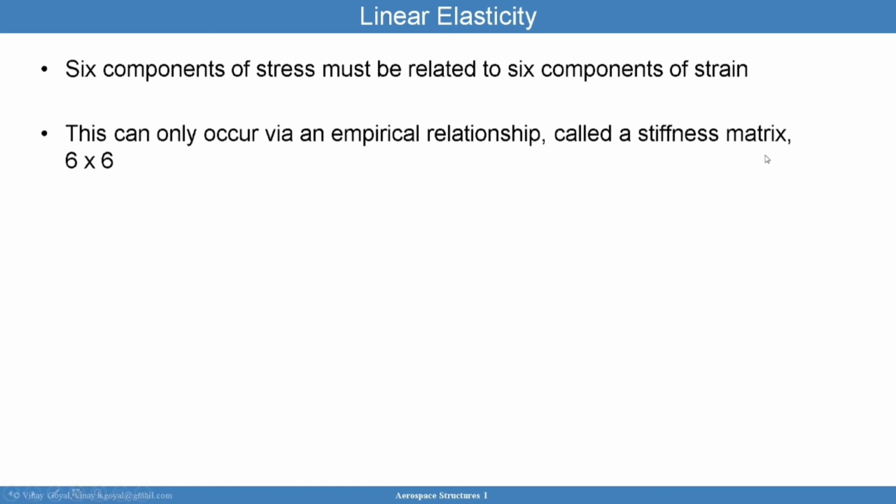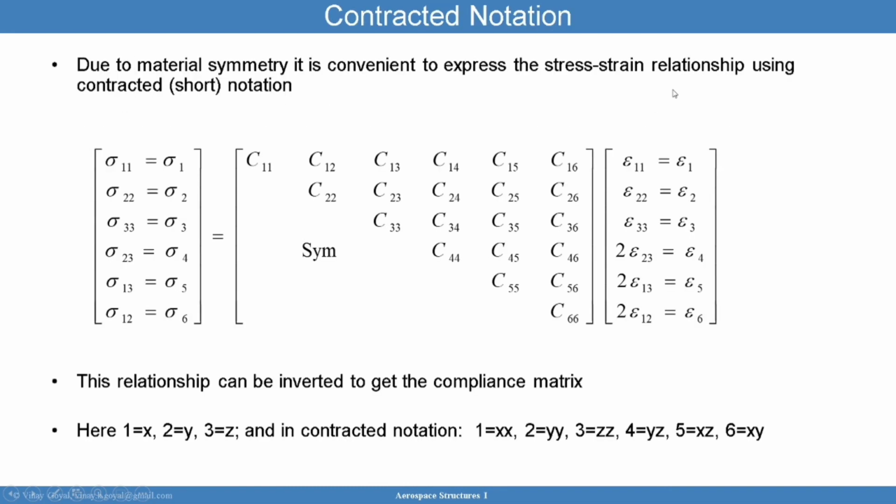We call that the stiffness matrix, 6x6, and it will relate stress to strain like this. I know this looks like a lot of information, but take that stress matrix and put it in a column like this, and the strain matrix we showed earlier and put it in a column like this. So this strain right here are the 6 strains we talked about.